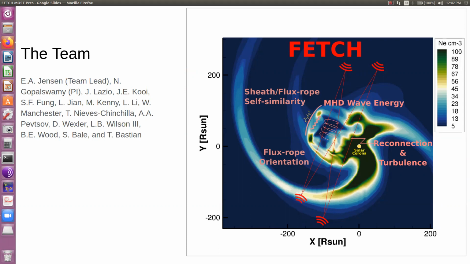And the interesting concept about this is that we are going to be working at frequencies that are fairly low. We're looking at between 20 and 100 megahertz. And at those frequencies, at these offset distances, you can see the solar corona in there. You get a measure of the integrated density.